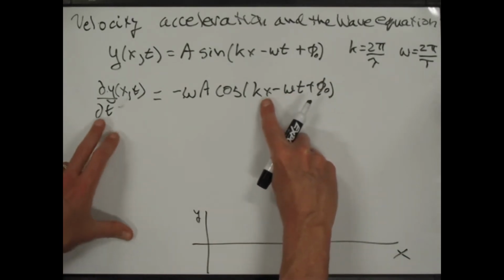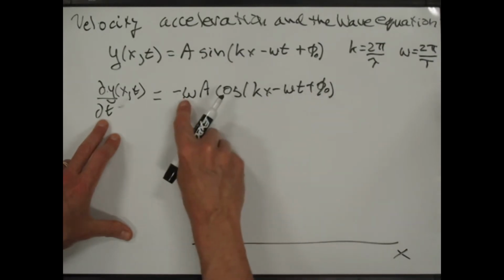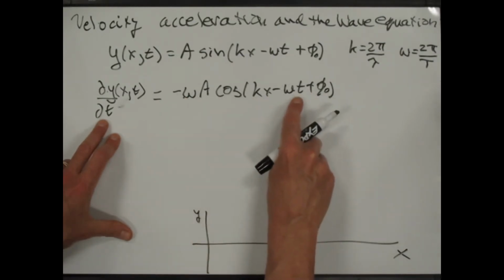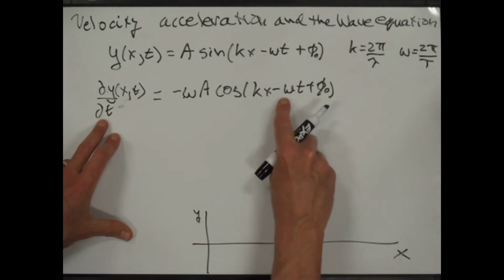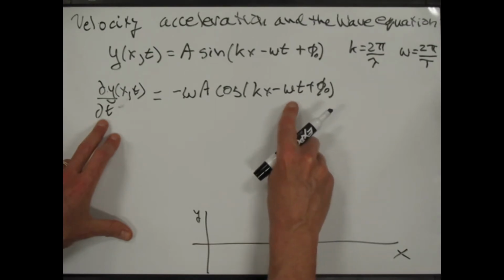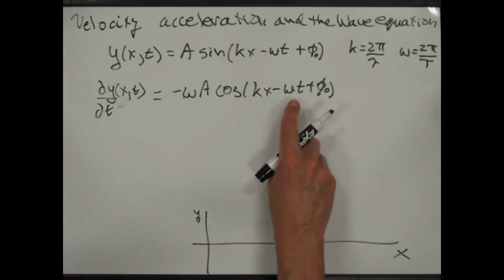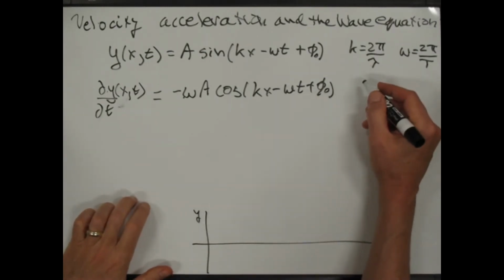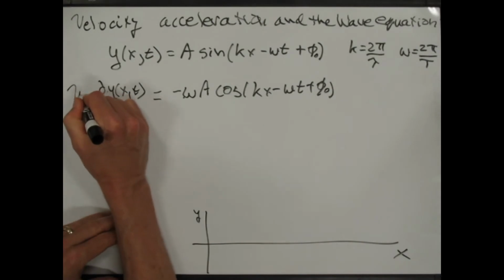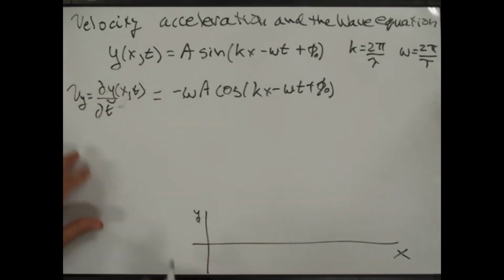As far as the partial derivative with respect to time is concerned, this is a constant, so that's a 0, and this is a 0, and so I just multiply by minus omega, which is what I get when I take the partial derivative of minus omega t with respect to t. And so this is my velocity in the y direction.